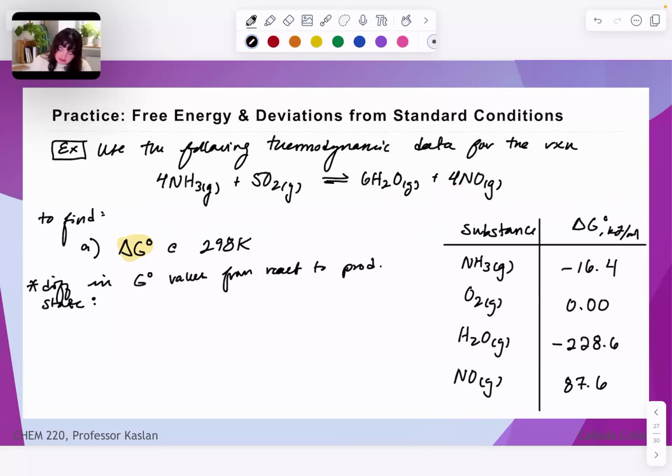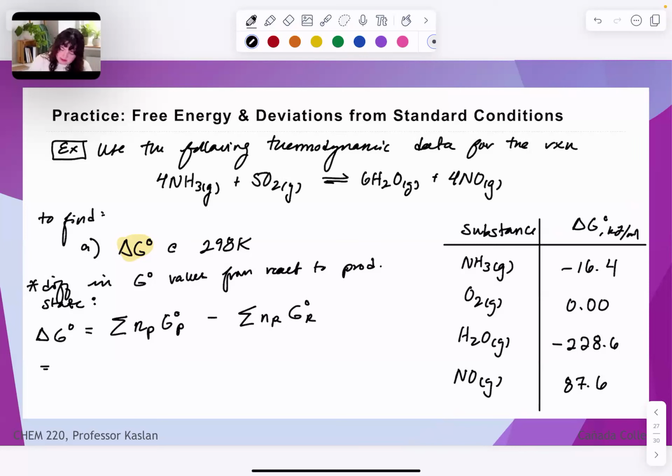So I'm going to say that the change in the Gibbs free energy at standard conditions, which is going to be found from the standard free energies of each of my substances, is going to be the sum of the moles of product times the Gibbs free energies of the product, minus the moles of reactant times the Gibbs free energy of reactants, standard.